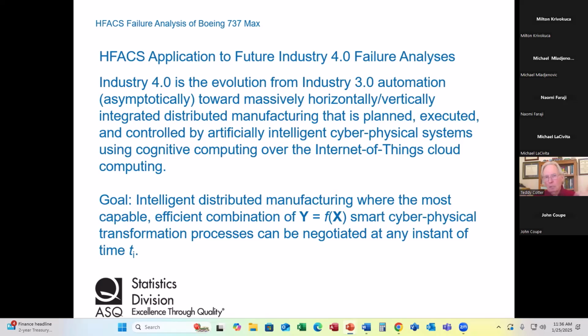So when we talk about Industry 4.0, we're talking about smart cyber physical or smart cyber technical systems integrated into the organization.